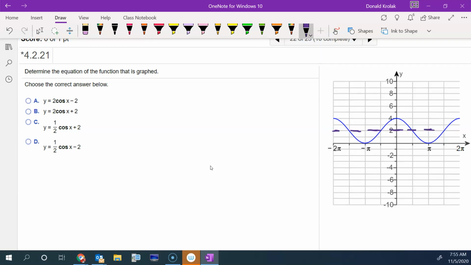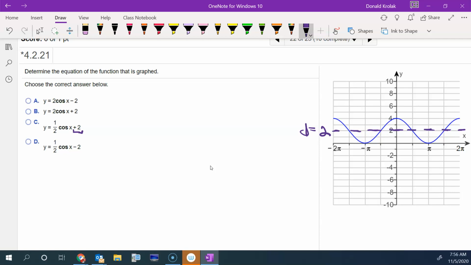This is the midline. So remember, that's your value of D. So which one of these can we get rid of? Okay. So what does this mean to the graph?